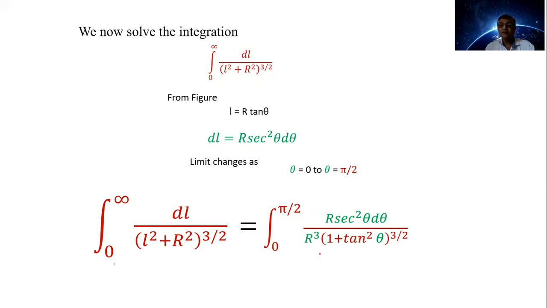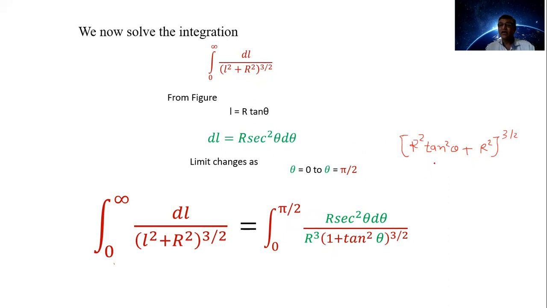Now this term in the denominator occurs because we put L is equal to r tan theta. If we solve this term, L square means r square tan square theta plus r square, and this bracket is raised to 3 by 2.